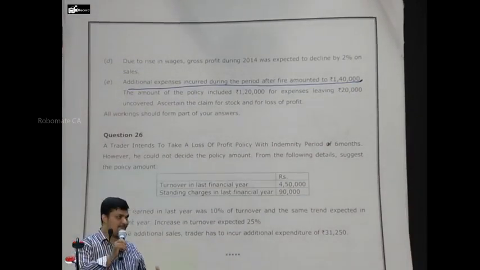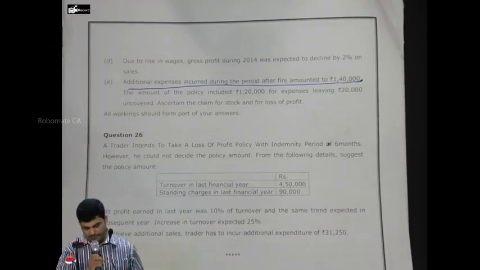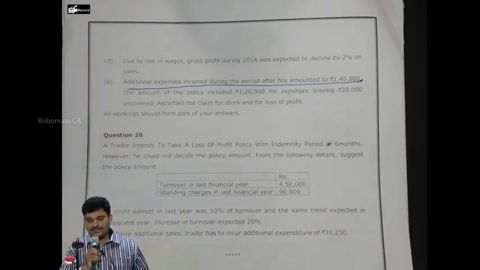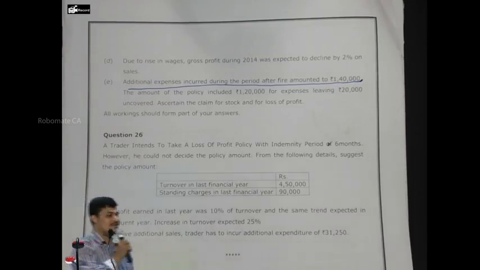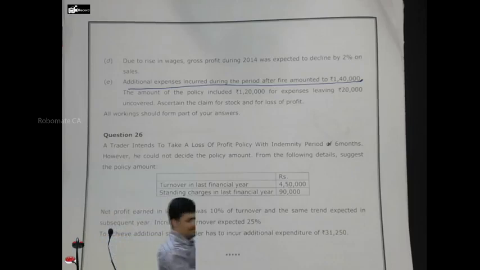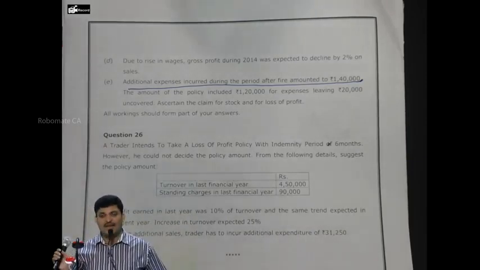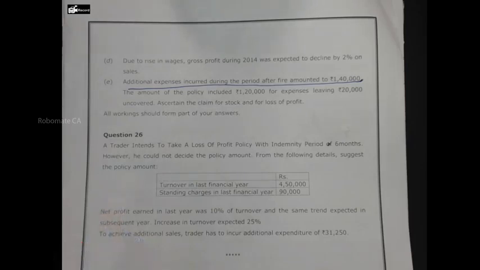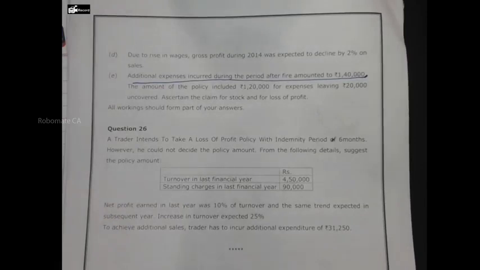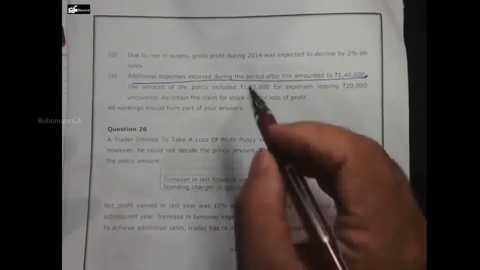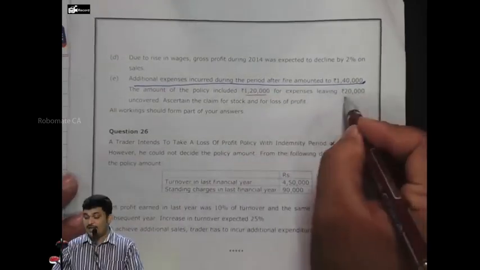Another confusing statement, another place where students get confused. Additional expenses incurred during the period after fire amount to 1,40,000, is what information, sir? Problem is not that. The amount of policy included rupees 1,20,000 for expenses, leaving rupees 20,000 uncovered. Very good. This is nothing but the expenses about what is insured and what is uninsured.